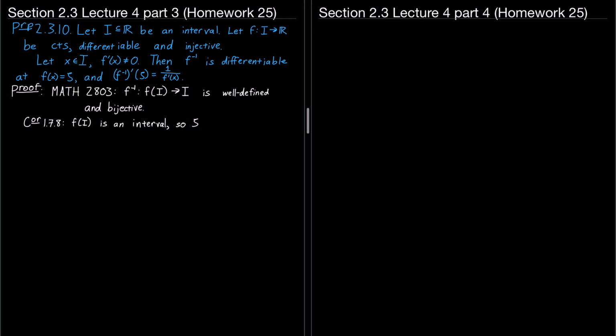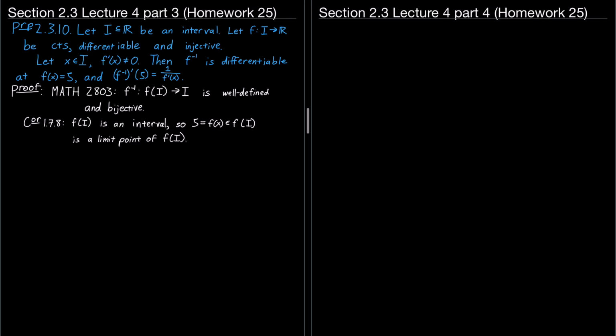So zeta is a limit point of f of I. That's because zeta equals f of x, so it's certainly in f of I. And then it's a limit point because every point in an interval is a limit point.